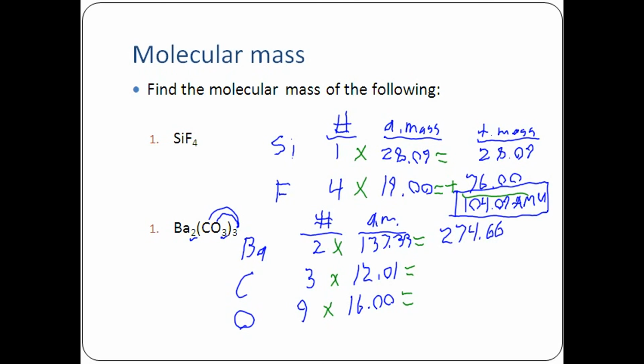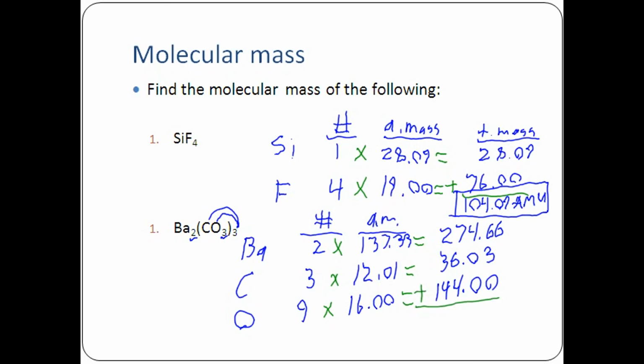For carbon, 3 times 12.01 gives us 36.03. And our last one, 9 times 16, gives you 144.00.